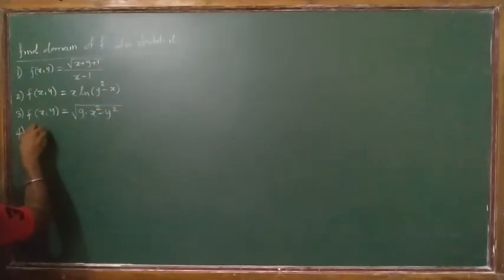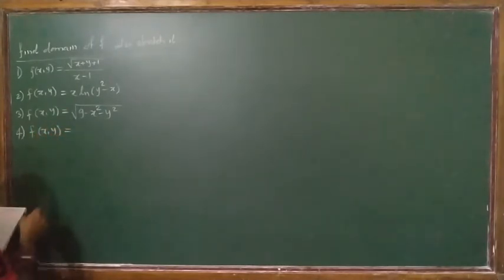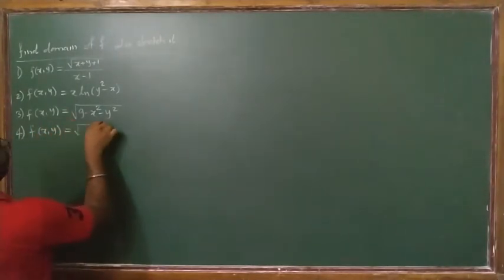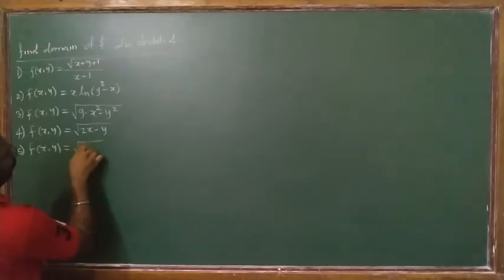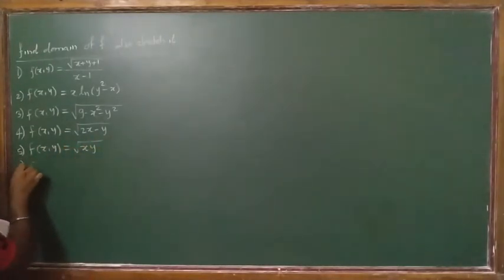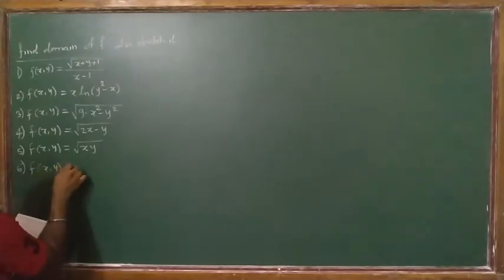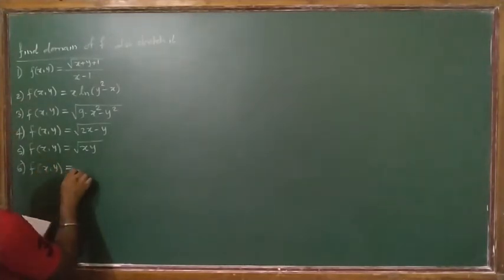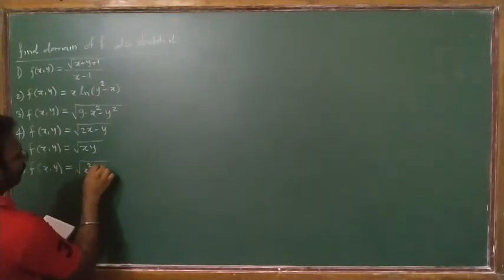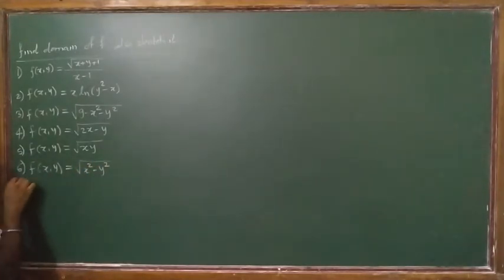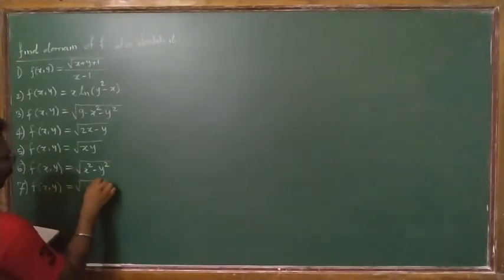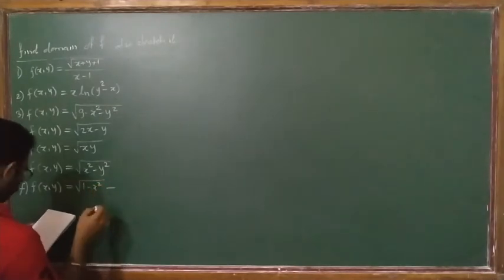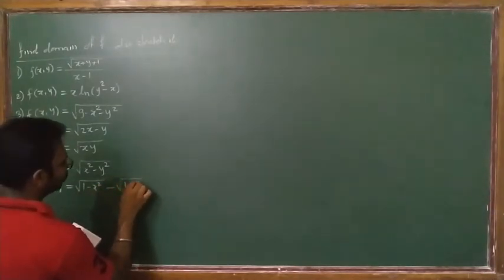The next one is f equal to under root of 2x minus y. Under root of xy. Under root of x square minus y square. Under root 1 minus x square minus under root 1 minus y square.